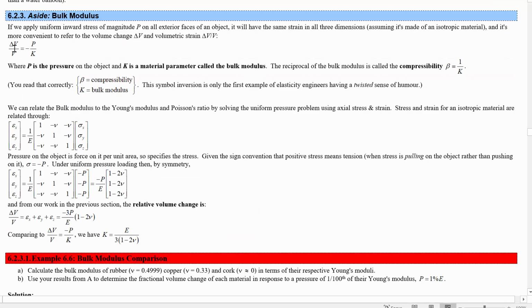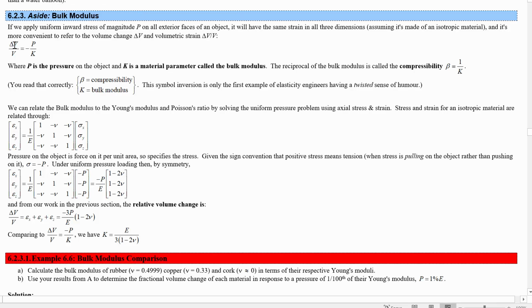Okay, so let's talk about a different way to look at some of these things. You'll hear this defined in some areas that involve statics. If you apply a uniform pressure, like an internal compressive stress that's the same on all the different sides, of magnitude P on all the faces, then you're going to get it to compress.